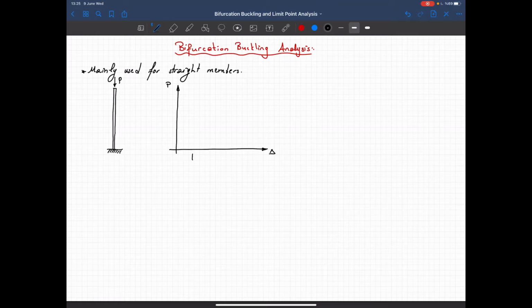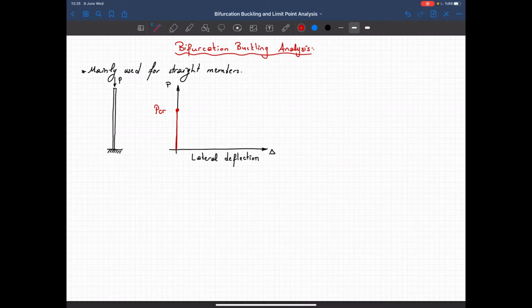And let delta be the lateral deflection. Okay, so in theory, when you apply an axial load, this is what we see. And this continues until P is equal to P critical.